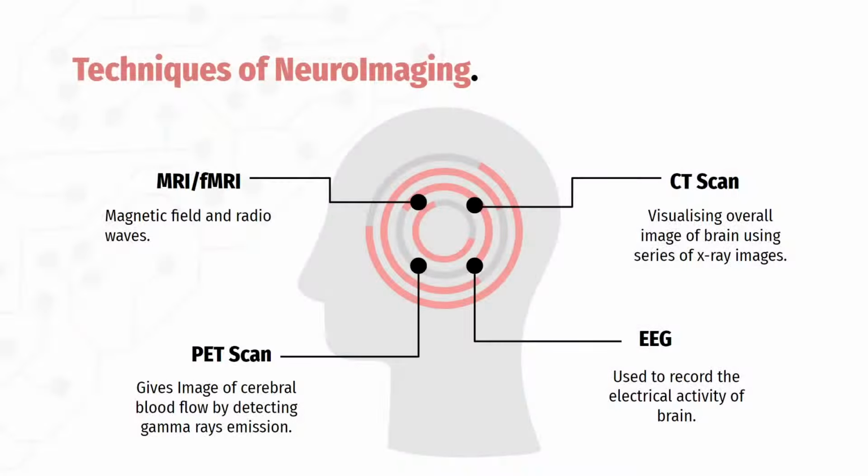Right. Techniques of neuroimaging. We're not going to go through all of these, but these are some of the important techniques. MRI, magnetic resonance imaging, which you all might be familiar with. It uses magnetic fields and radio waves. PET scans, which is, I believe, positron emission tomography, right? It detects gamma ray emissions from the brain, and EEGs are arguably the simplest of all.